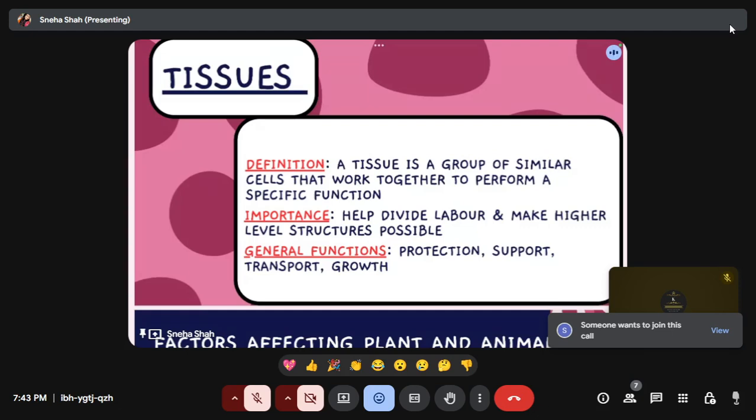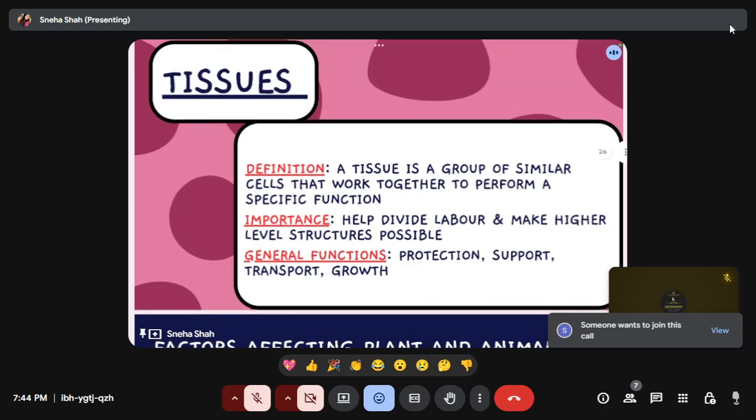Okay. General functions. Why I write general functions here is, in various tissues, an individual tissue will perform a specific function. In general, they will provide these four things, that is protection, support, transport, and growth. But individually, when we talk specifically about a particular tissue, it will perform a different function. Okay.